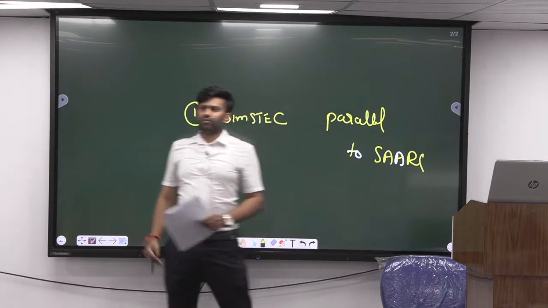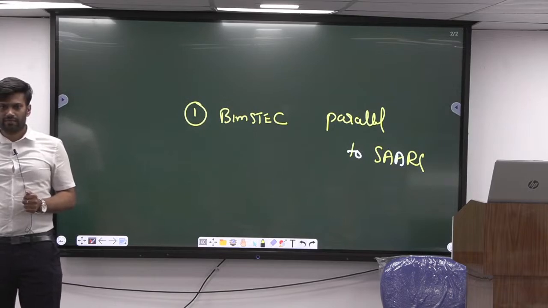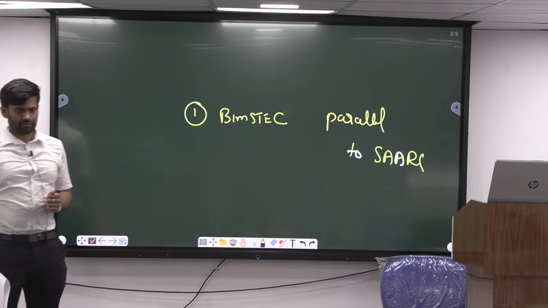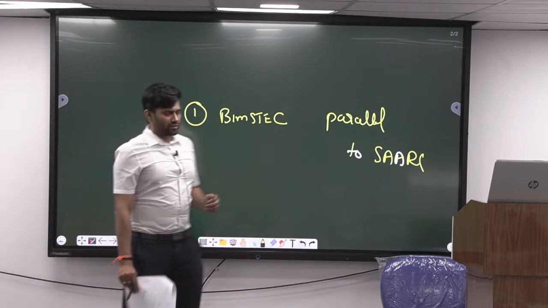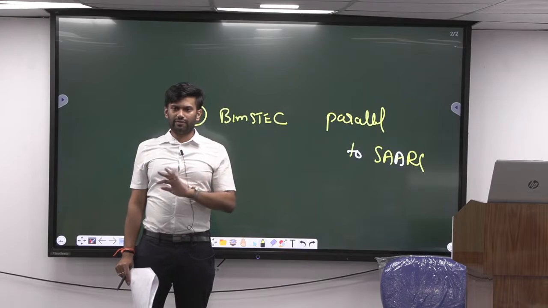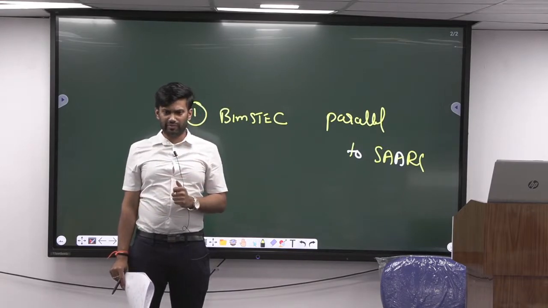So coming to this part, what do you mean by the word parallel? It's not only same. For example, when you read Indian polity, you have the ordinance making power of the president.